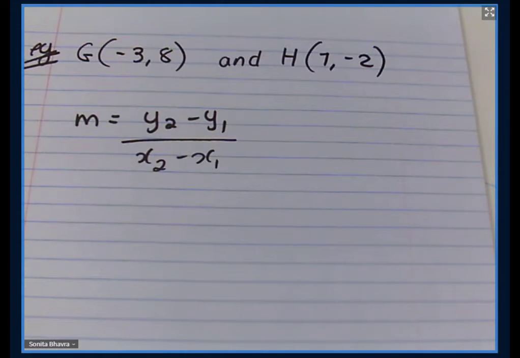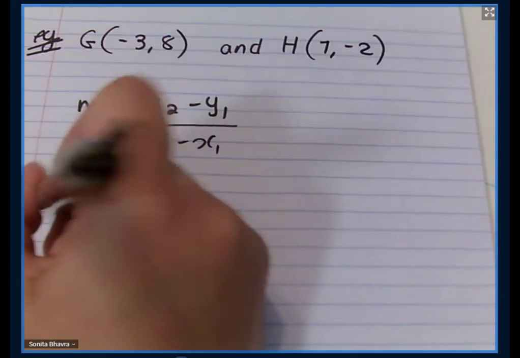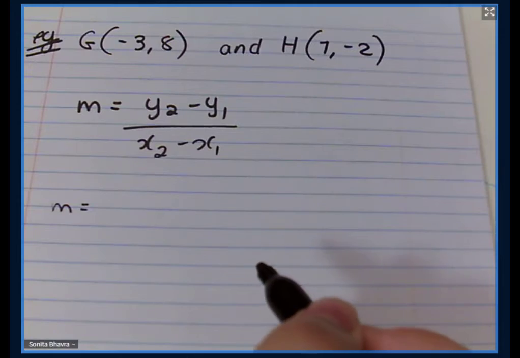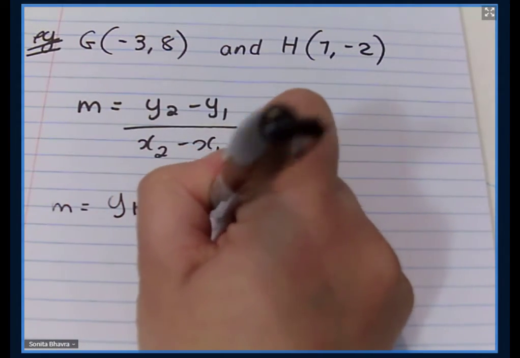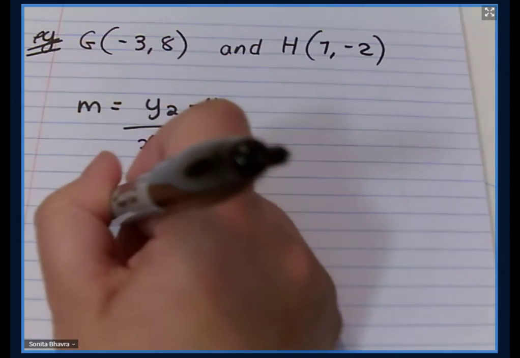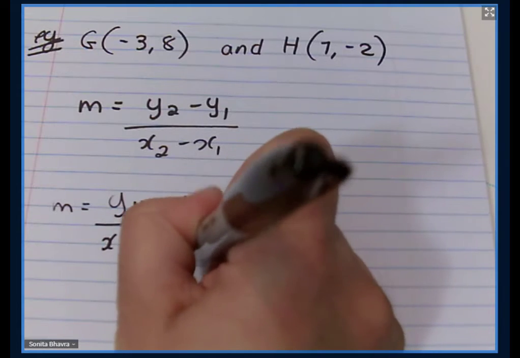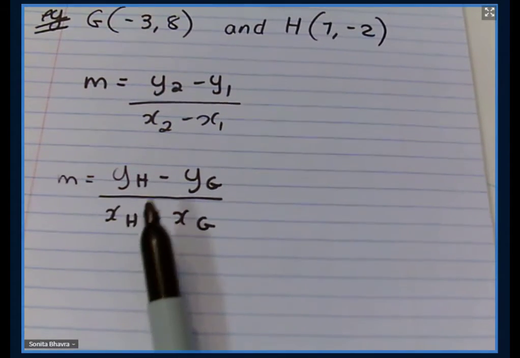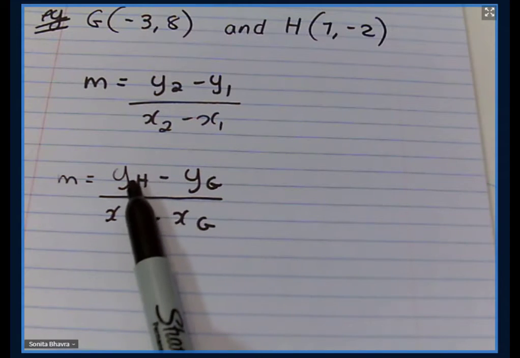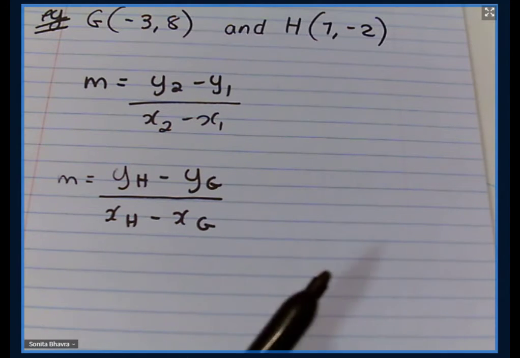I'm going to use HG, so I'm going to change my formula just to show which points I'm using. I'm going to use y of h minus y of g, and therefore, when I calculate x, I'm going to use x of h minus x of g. If you switch them, that's okay, but make sure you're consistent. So if you changed it to yg minus yh, then you would have to use xg minus xh.